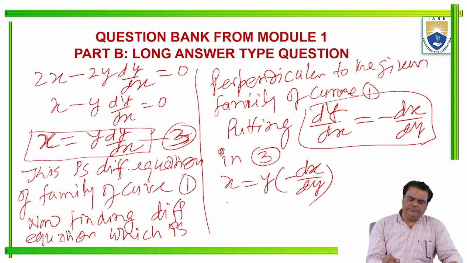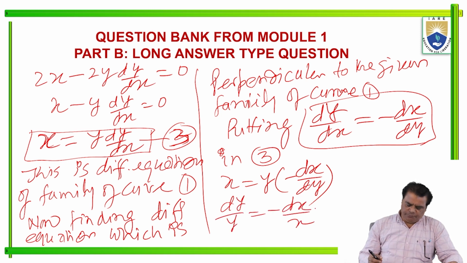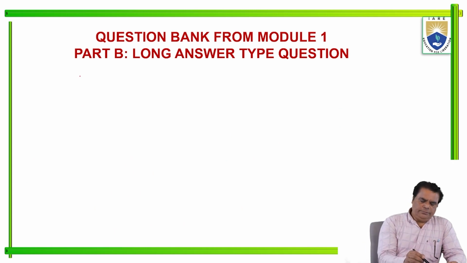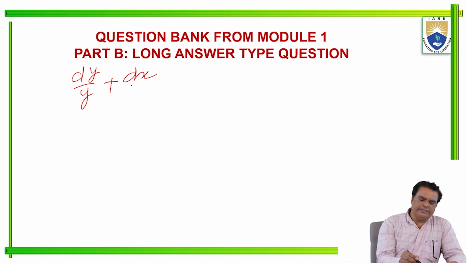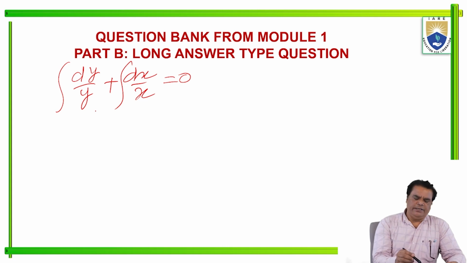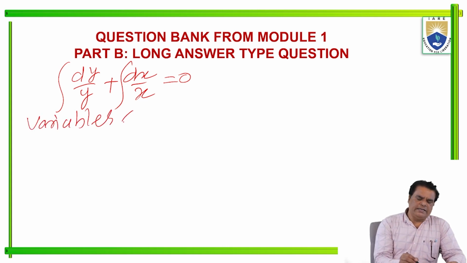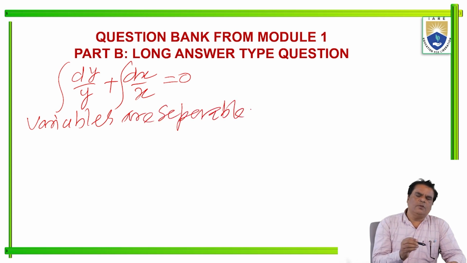so x dy upon y equal to minus dx upon x, so dy upon y plus dx upon x equal to 0. Integrating on both sides. Here the variables are separable, so we can integrate.